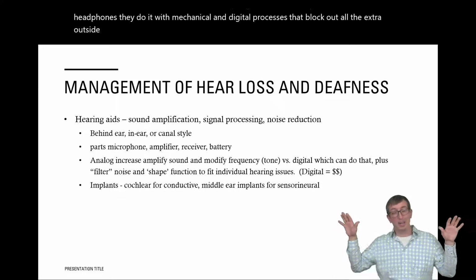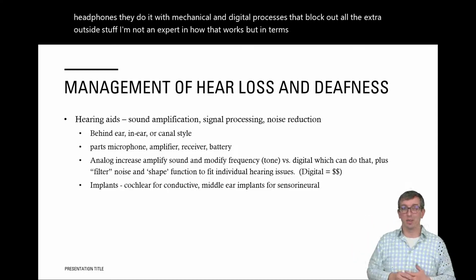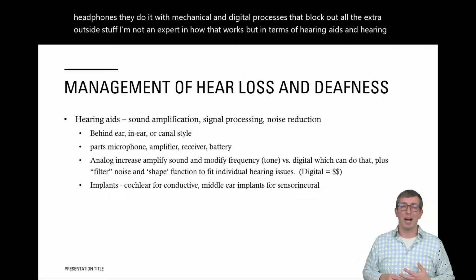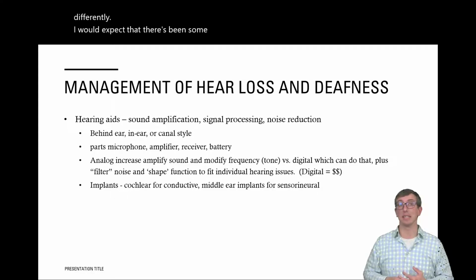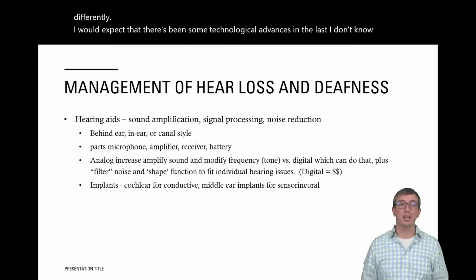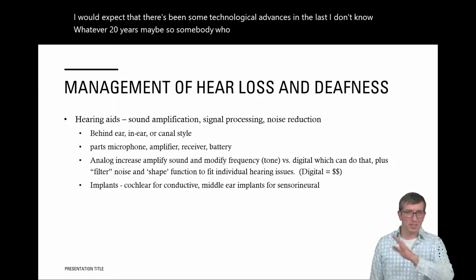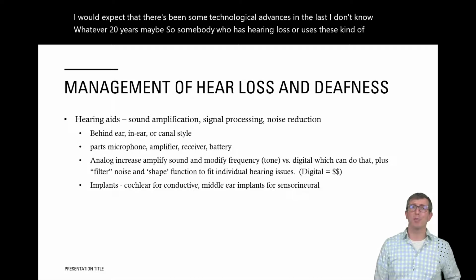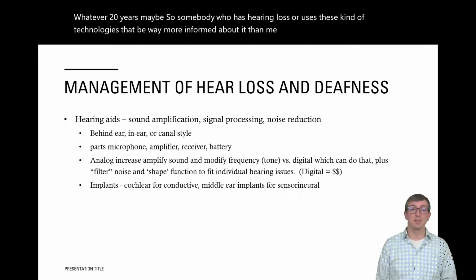I'm not an expert in how that works, but in terms of hearing aids, I would expect there have been some technological advances in the last, I don't know, 20 years maybe. Somebody who has hearing loss or uses these technologies would be way more informed about it than me, but interesting stuff nonetheless.